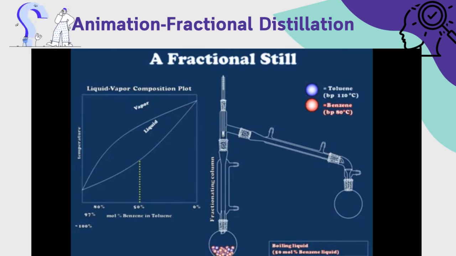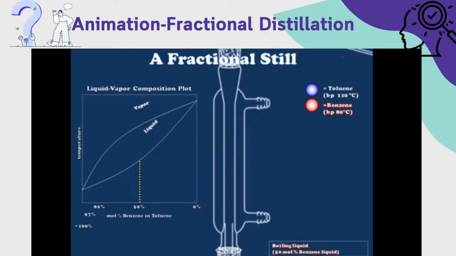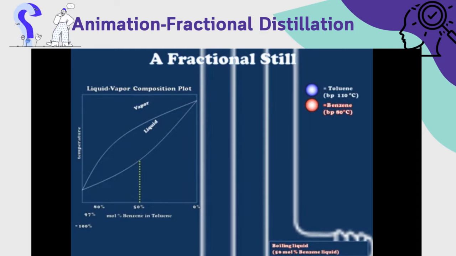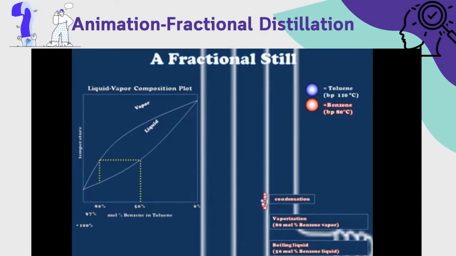Let us see closely what is happening in the fractionating column. As vapors are produced from the mixture, they rise up. However, as we go up through the column, the temperature drops. So, condensation is expected.